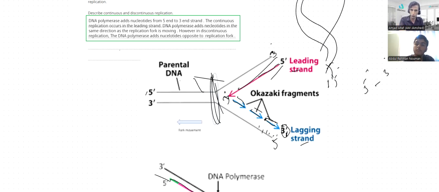Then the last point would be: this results in the formation of short fragments called Okazaki fragments, which are later joined together by the DNA ligase. That's what you can talk about.